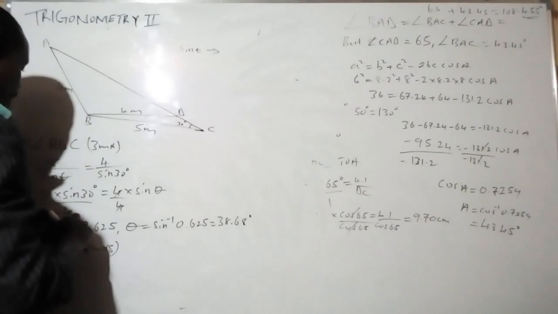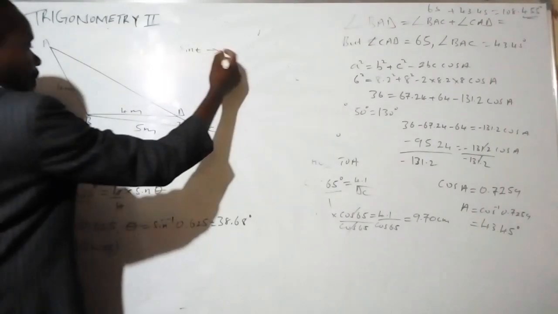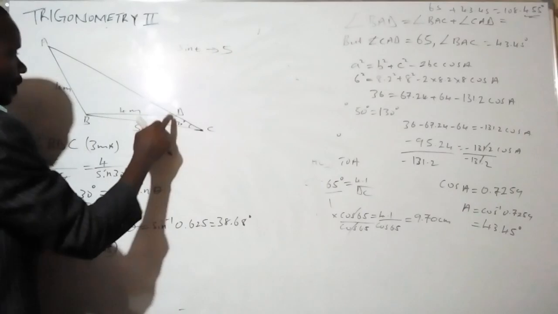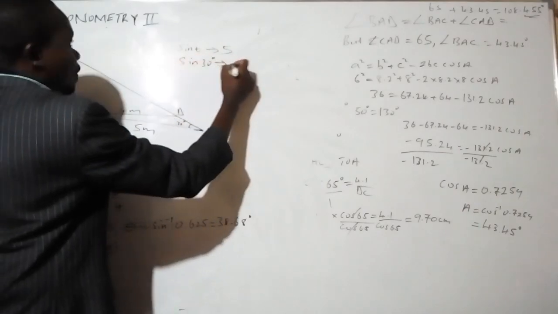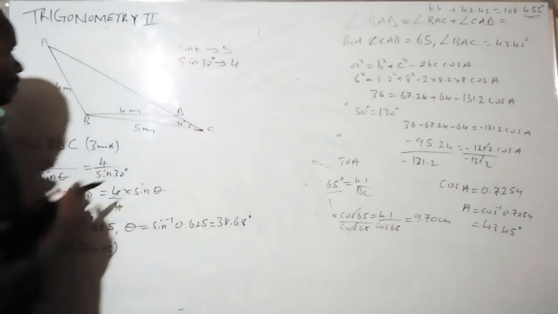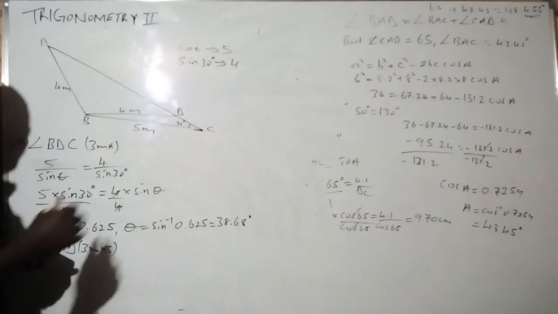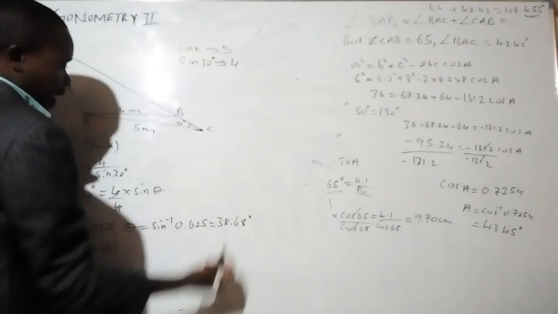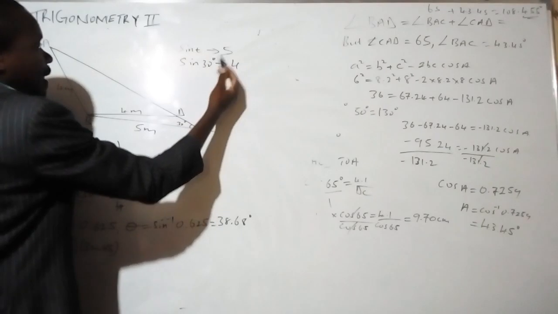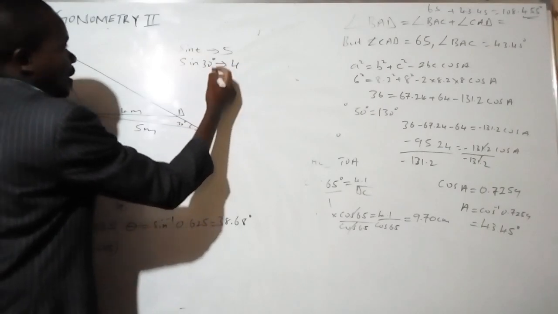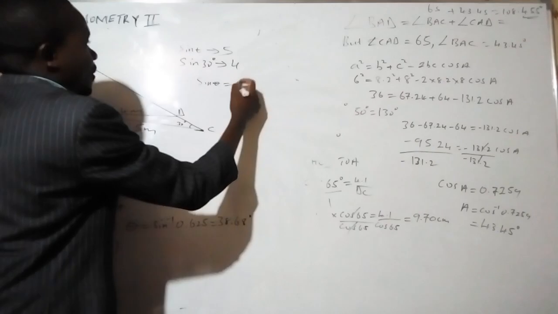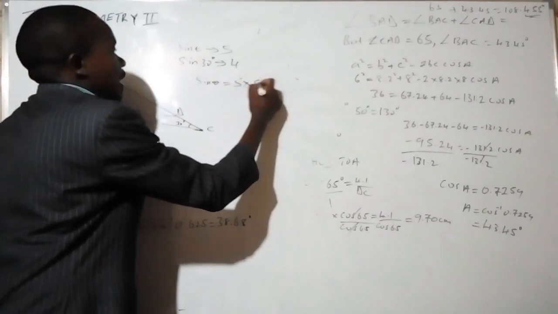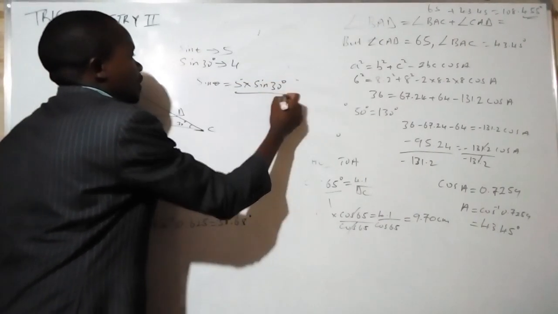Sine theta goes with 5, then sine 30 degrees goes with 4. Yeah, it's supposed to be like this. So that sine theta is equal to 5 times sine 30 degrees over 4, correct?